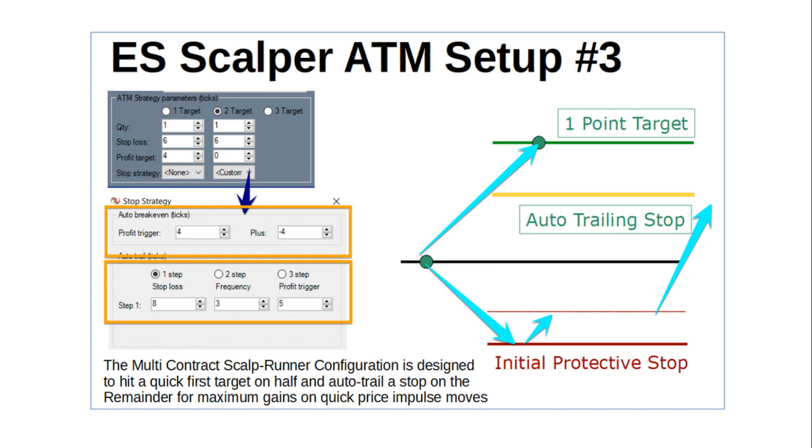Say you were in a trade and your second part is running a little bit, you hit that first target, so you're at virtual break even, and the auto ratchet on the ATM configuration has you locked in with a 2 point gain.